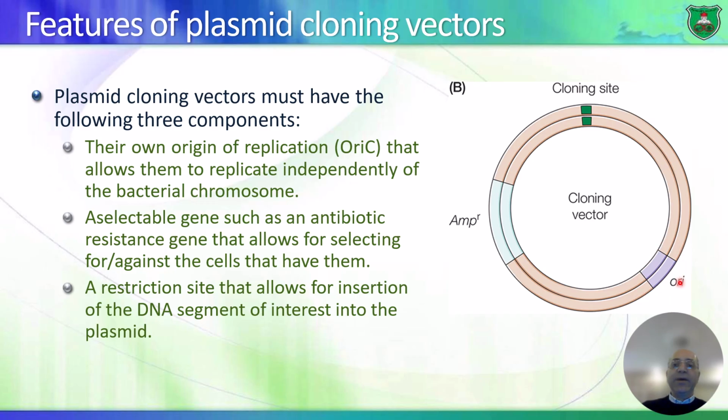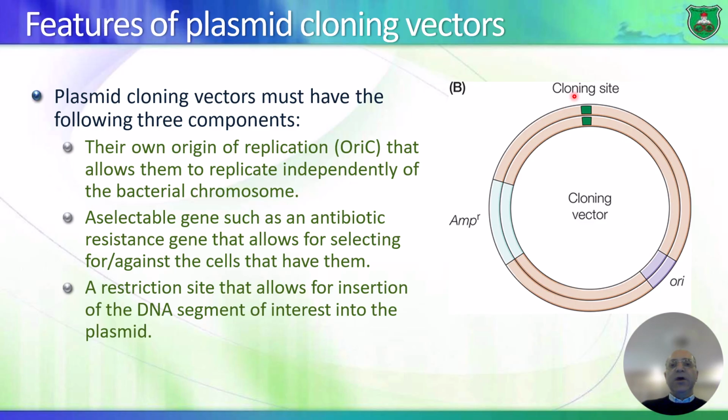So go back to the DNA replication lecture and read about the origin of replication. They have at least one; all they need is just one. And this is the starting point of DNA replication, and that is what makes them replicate independently of the chromosomal DNA.